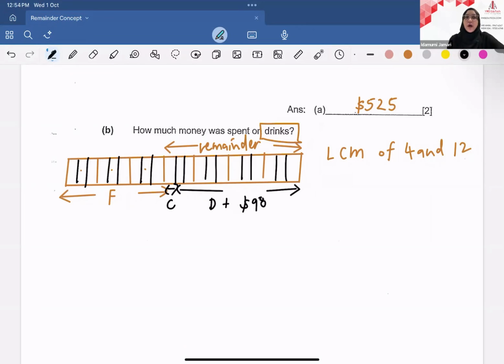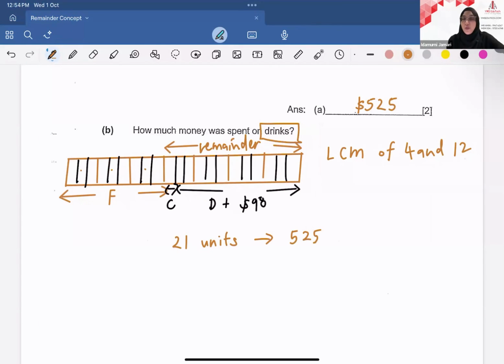Hence, we can start to form our first equation for part B. In total, altogether, there are 12 plus 9, 21 units. Hence, 21 units represent $525.